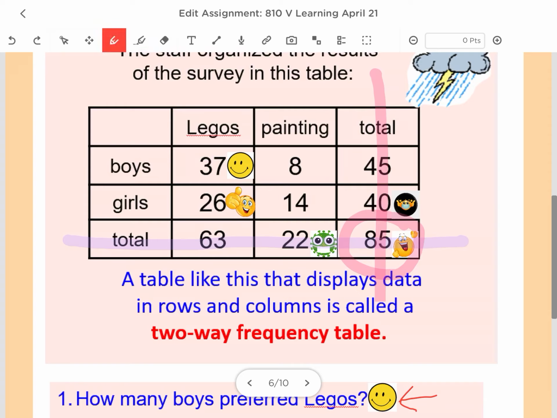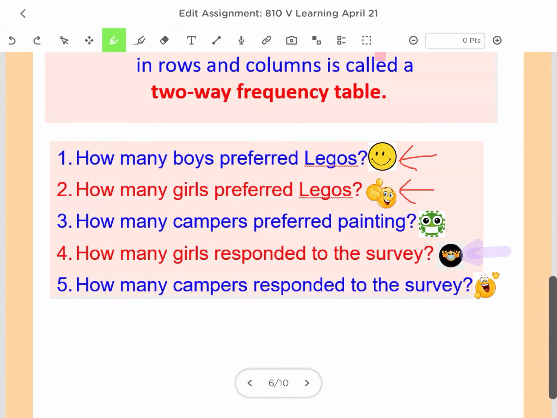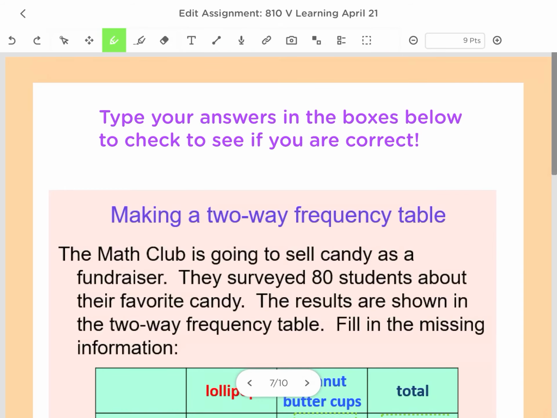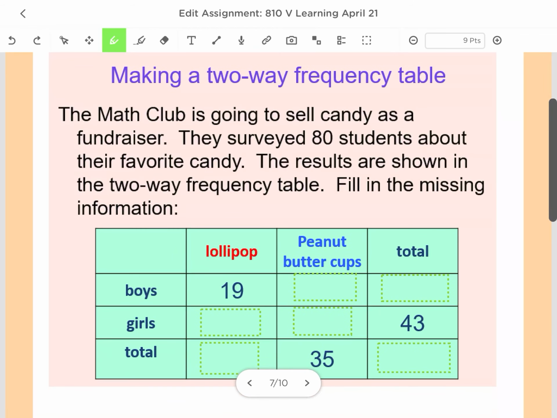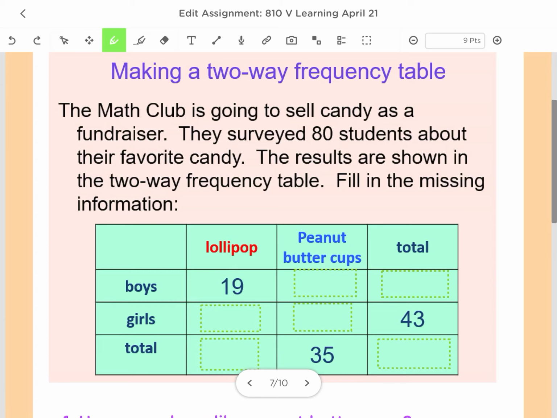So if I take a look at this, I had 45 boys and 40 girls, which gave me a total of 85. I had 63 that picked Legos and 22 that picked painting together, which also make a total of 85. So I know that there was 85 people or campers that responded to this survey, and again, that's that little emoji right there.